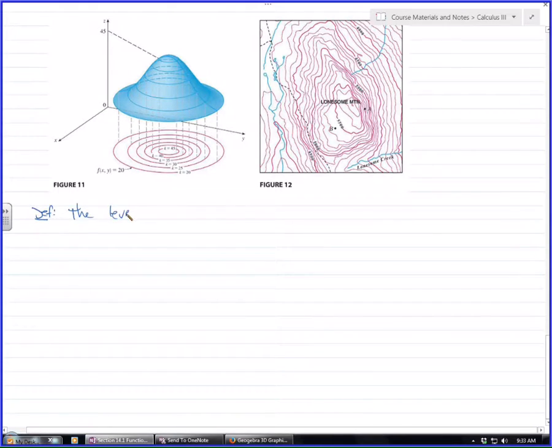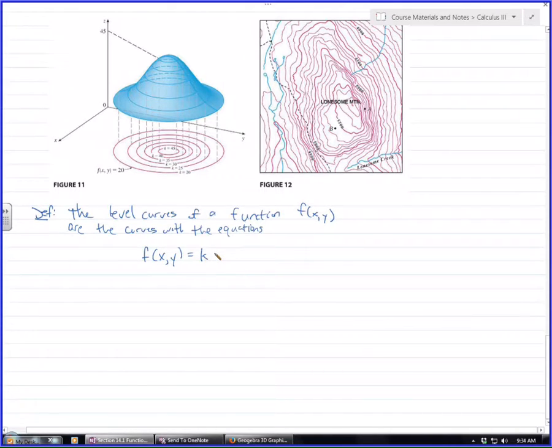The level curves of a function f of x, y are the curves with the equations, plural, f of x, y equals k, where k is a number.